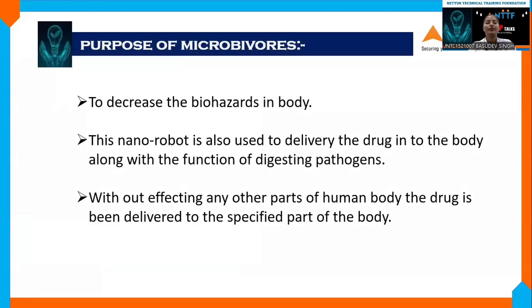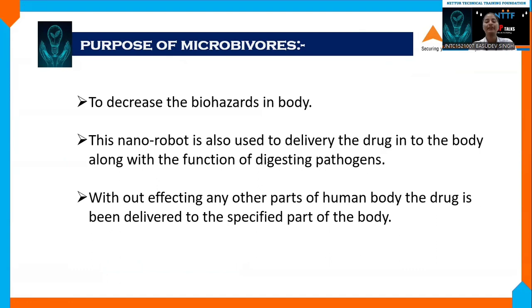Then the purpose of microfibers. The main purpose of microfibers, used in our day-to-day lives, is to decrease the biohazards in our body. This nanorobot is also used for delivering drugs into our body along with digesting pathogens. Without affecting any other parts of the human body, the drugs are delivered to the specific part.